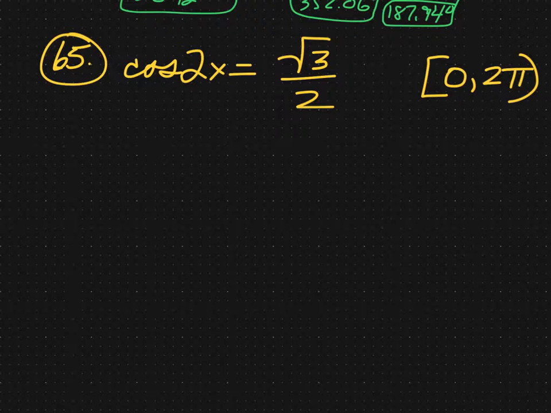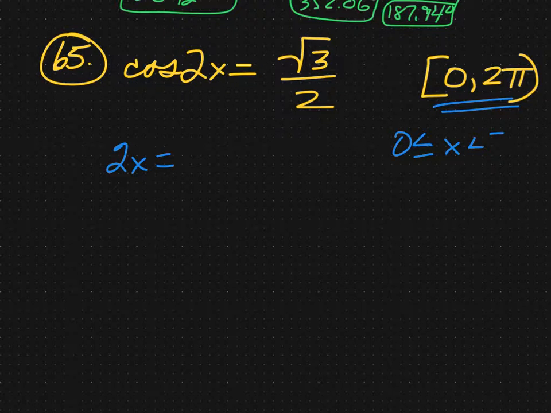So probably the easiest way to approach this problem is to think about all the things that 2x could be equal to. But to do that, first we got to go over here and think a little bit. If x is between 0 and 2 pi, then that means 2x would be between 0 and 4 pi.